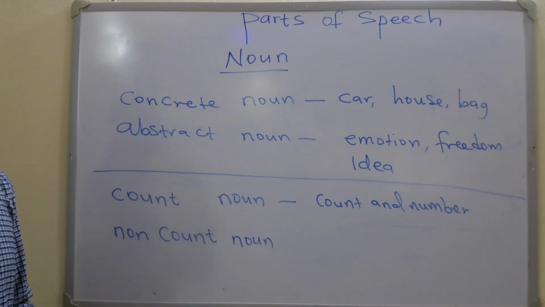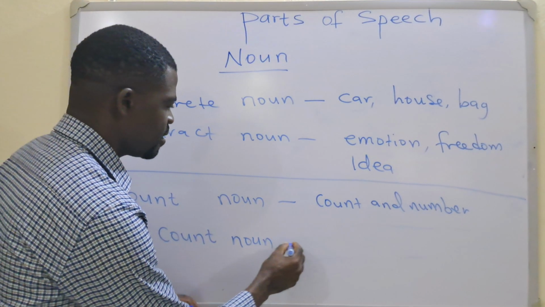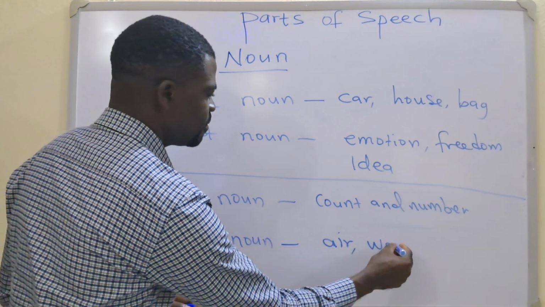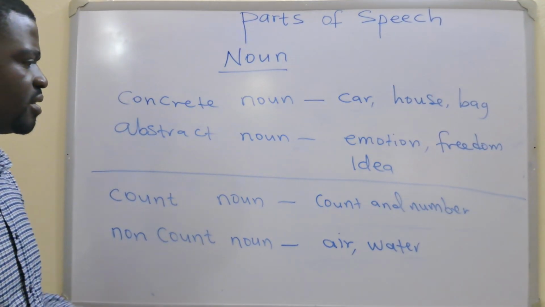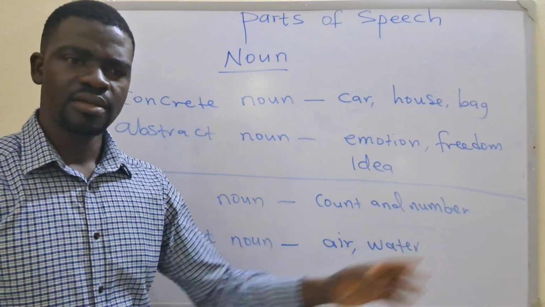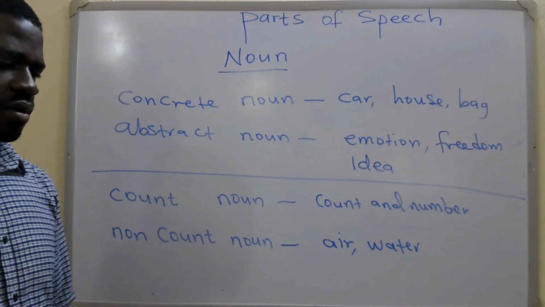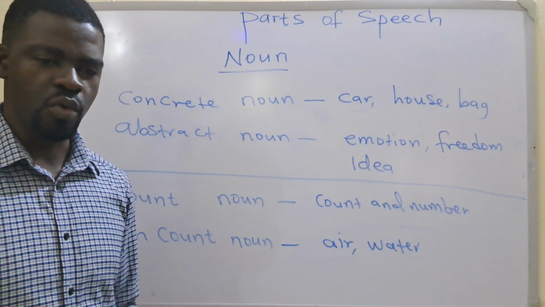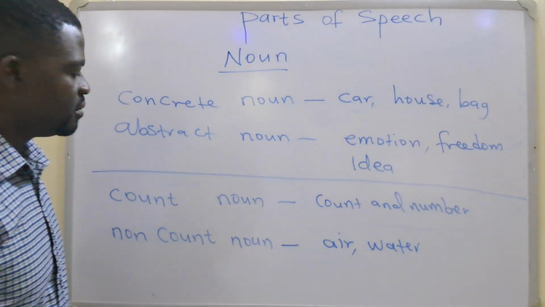Say air. You can't count air. You have air or water. You can't count air or water. Maybe you can count liters, but you can't go to the river or stream and begin to count how much water you can see there.